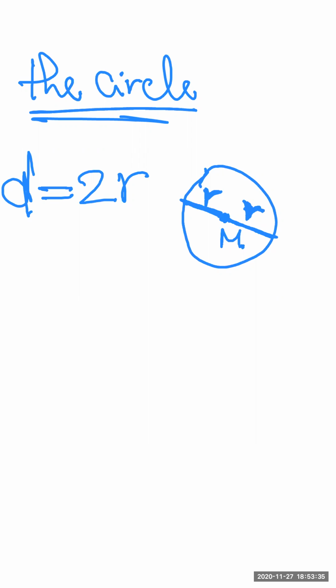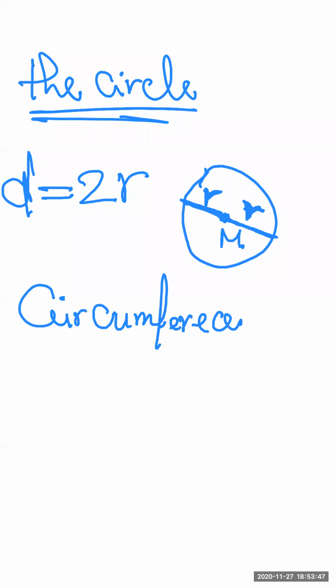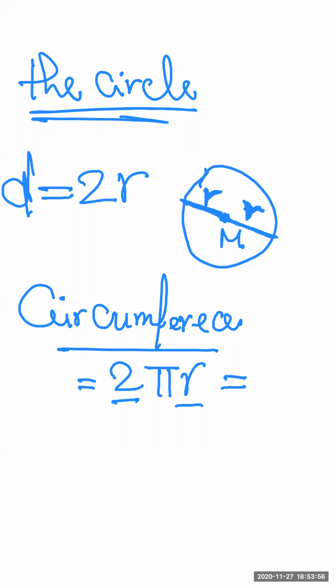So the first rule: the circumference of the circle equals 2 pi r. Also we can say that it equals pi d.